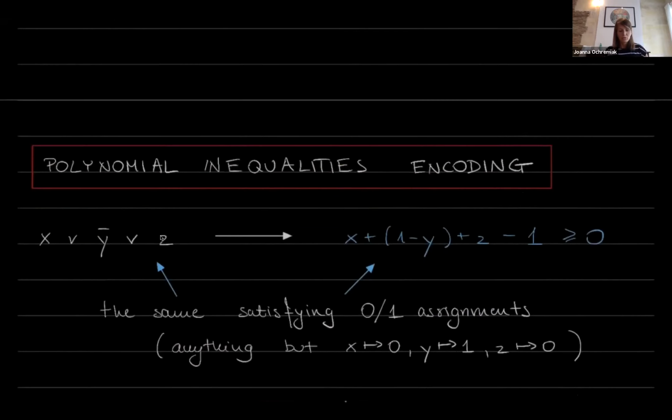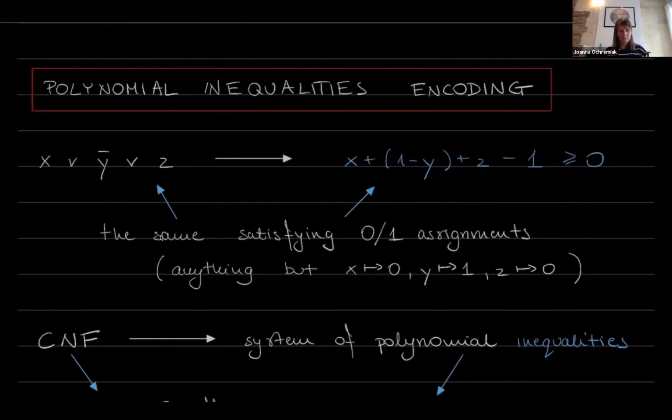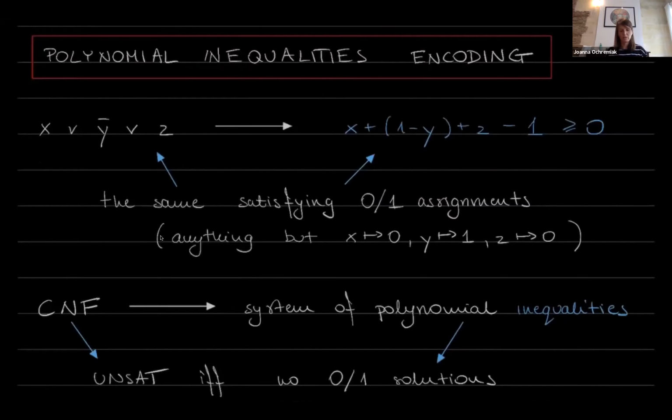I wanted to show you one more proof system, but unfortunately, I'm afraid that I don't have time. In this proof system, you encode clauses as inequalities, and you do something with those inequalities.